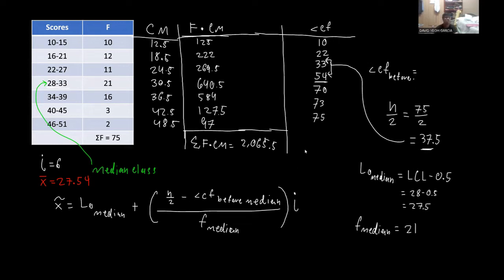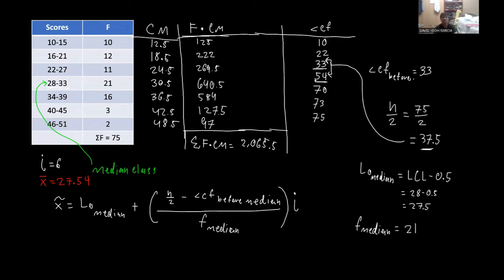So 54 is the largest value that I used to locate the median class. Now we're going to find what's before it. So before 54, we have 33. That means that would be the cumulative frequency before the median. So that is 33.